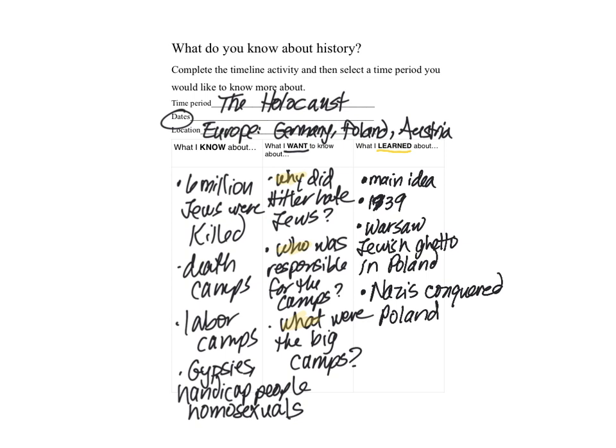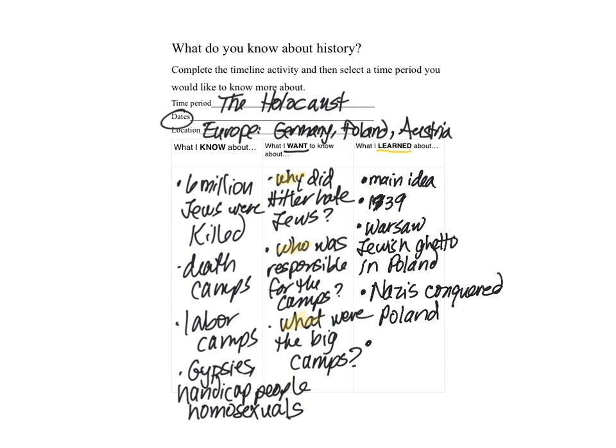So you'll notice I'm not writing complete sentences. I want phrases, I want main ideas, I want dates, I want just the things that are really, really important. Because for this historical fiction project, we are not going to be writing a research paper on our time period. We're going to be doing some other things.